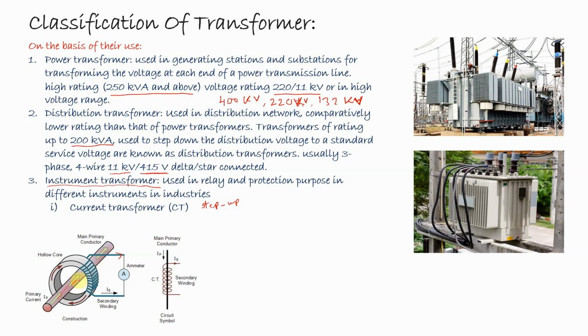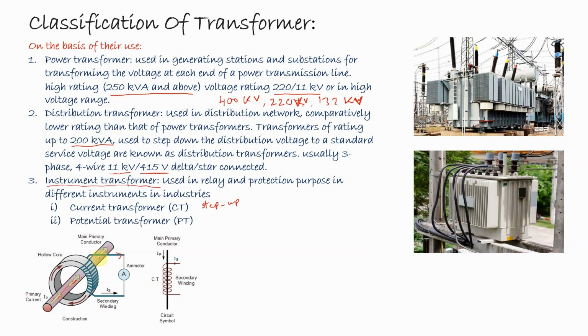Then depending upon the ratio of the turns in primary and secondary, we can easily find the current which is flowing in the power transmission line. So in this way, the current transformer is basically used to measure the current flowing through a high transmission line.